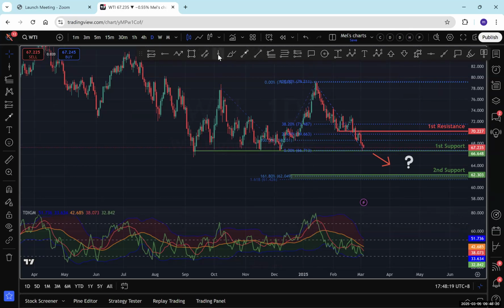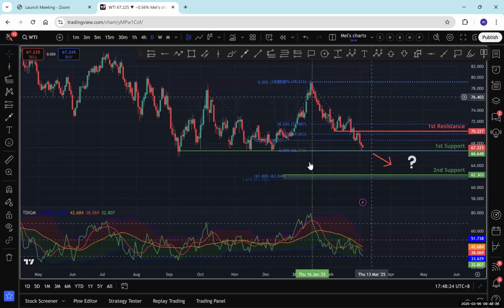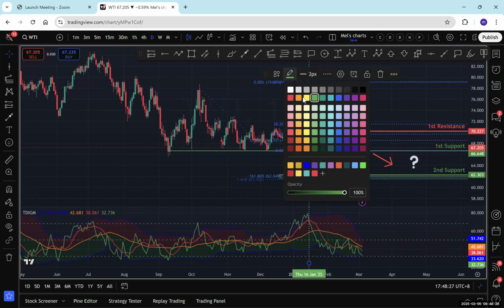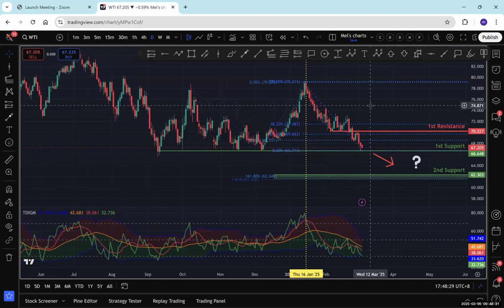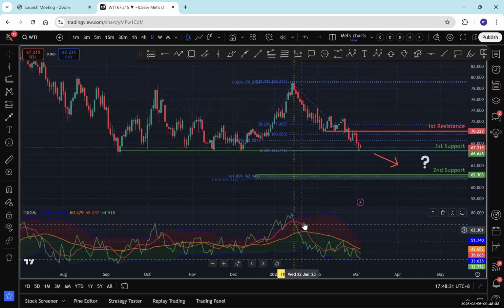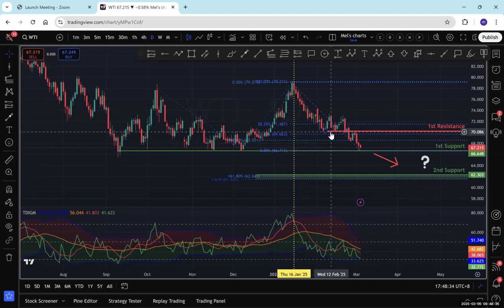So I guess over here, right at this swing high, you can see that green line crossing below the red line. So this is a sell signal here.